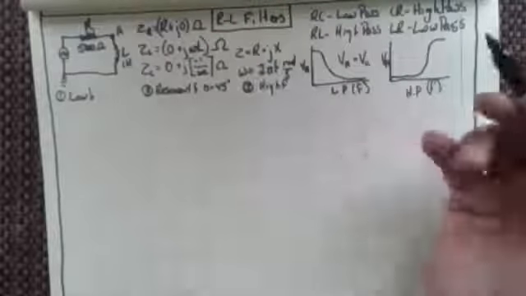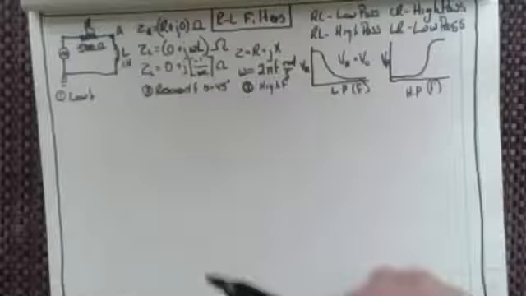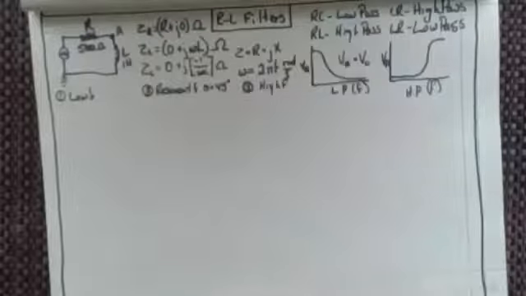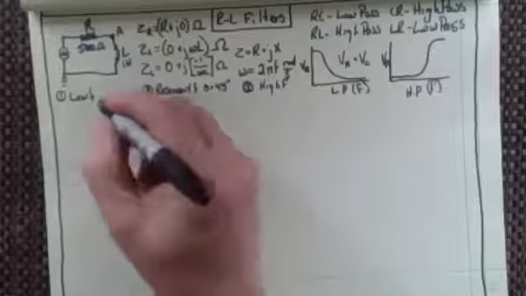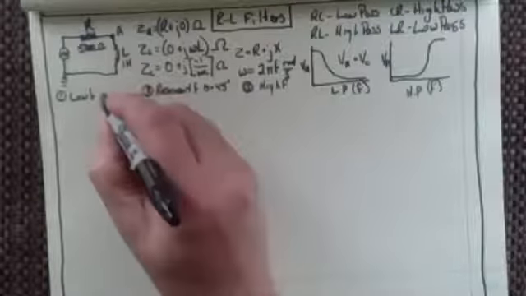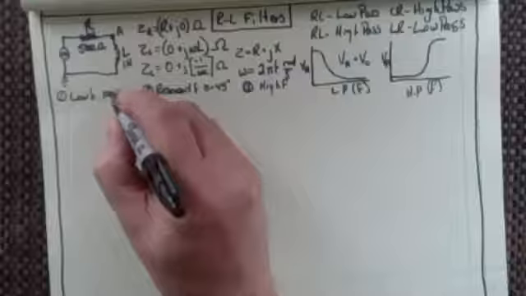So let's look at 3 different things. We've got the 5,000 ohm resistance, and an inductor at 1 Henry. Say low frequency, let's say we're at 100 hertz.